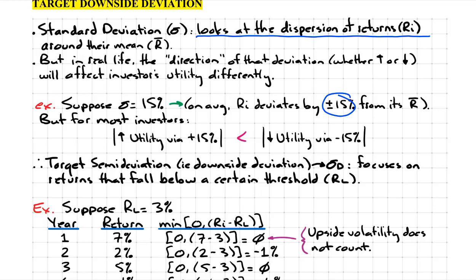But target semi-deviation says, well, this 15% is not the same as that 15%. So since investors get a greater emotional reaction from a loss, maybe we should just look at risk on the downside rather than looking at dispersion on both the upside and downside.